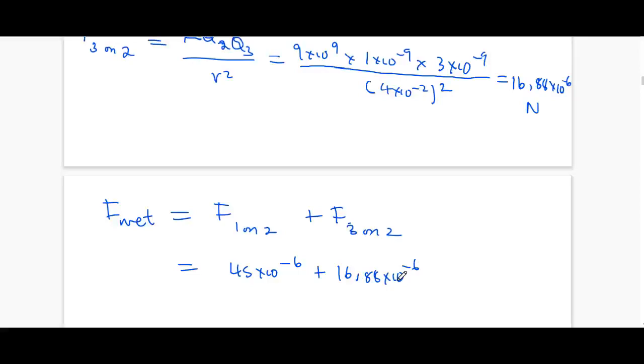So 45 plus 16.88 gives 61.88 times 10 to the power minus 6 newtons.